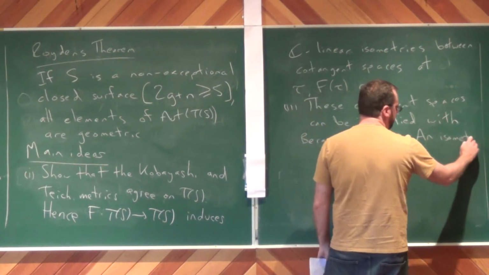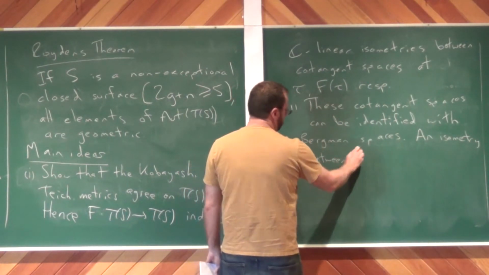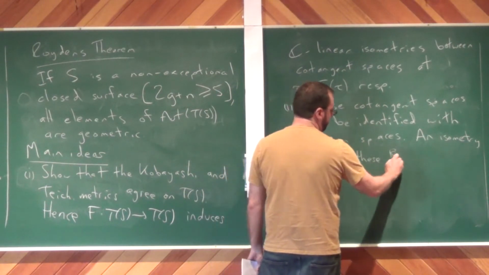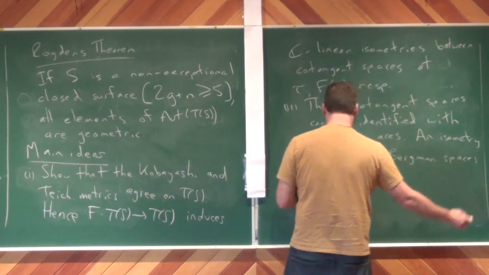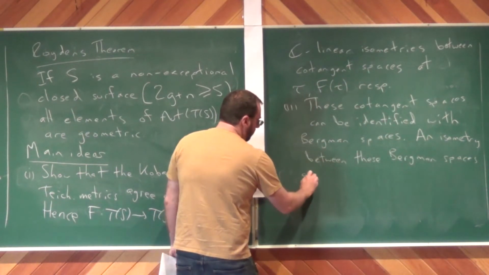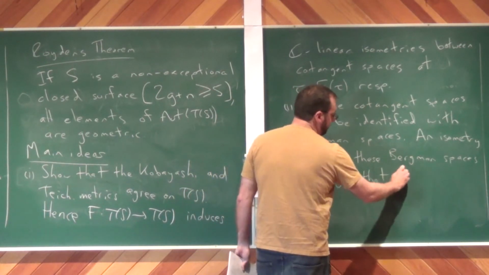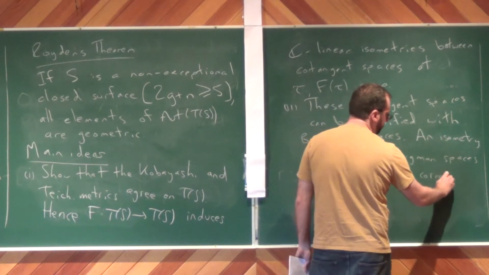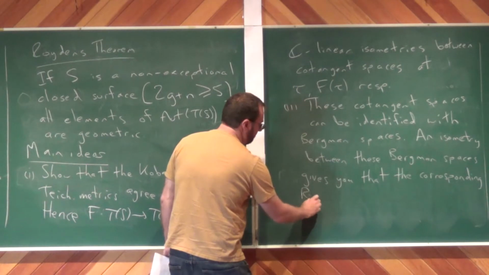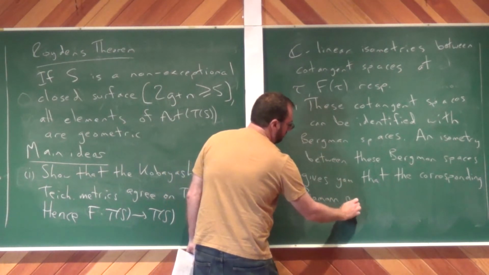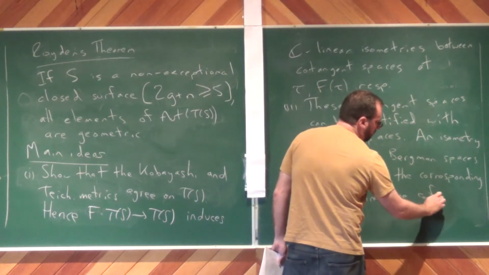And an isometry between these Bergman spaces gives you that the corresponding Riemann surfaces are conformally equivalent.